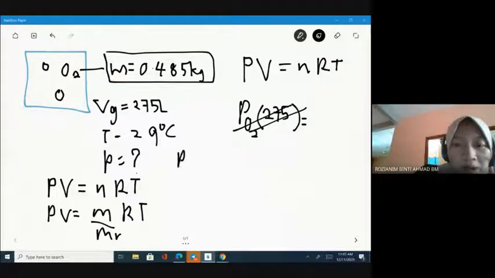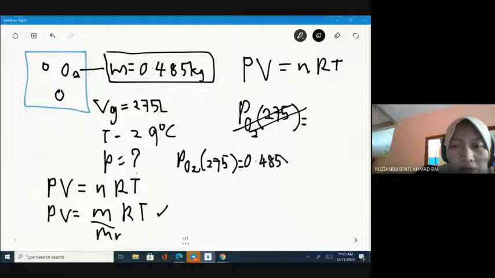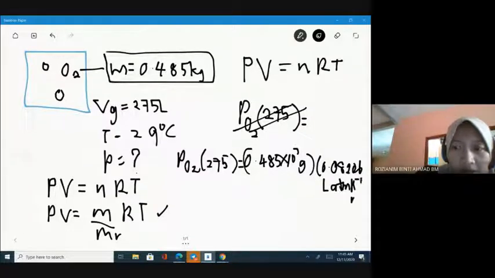P oxygen times 275, and then the mass is 0.485 times 10 to the power of 3 gram, and our R constant is 0.08206 in units of liter atm per Kelvin per mole.